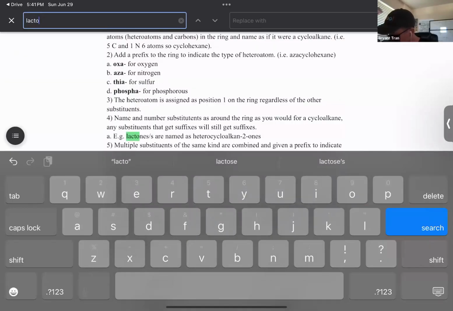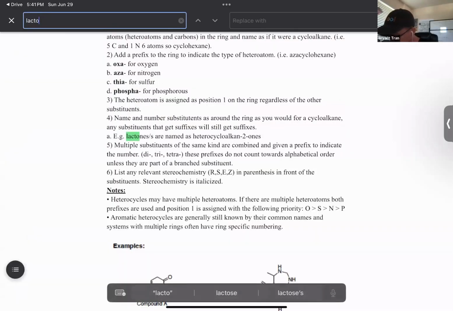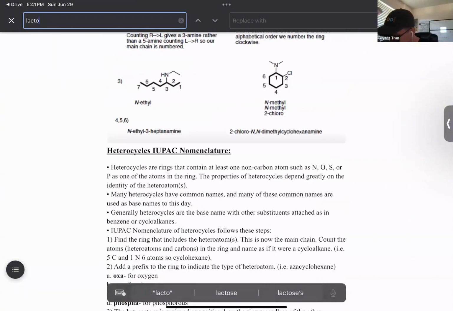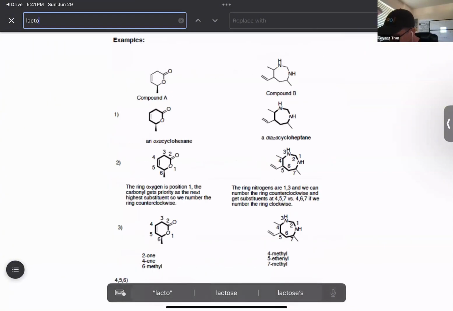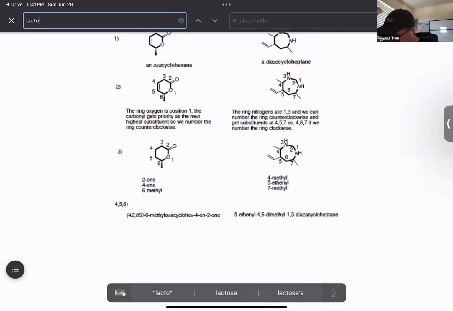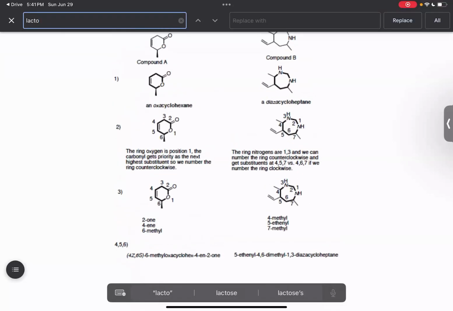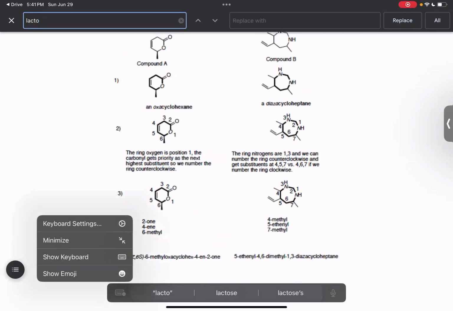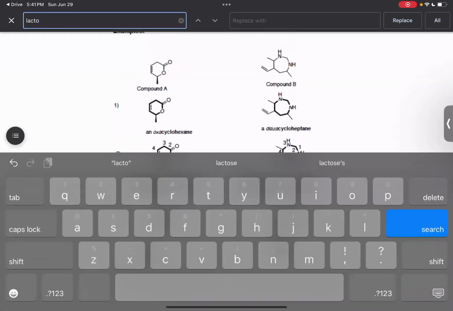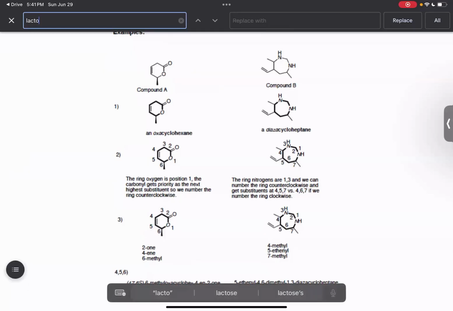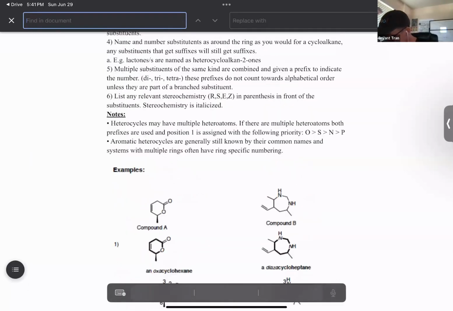I think because she said she wasn't testing heterocycle nomenclature, but in the Discord someone sent a picture of a heterocycle nomenclature. Oh yeah, with the lactam or lactone, something like that.